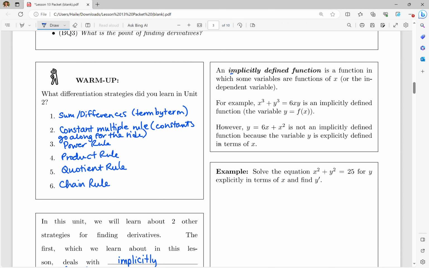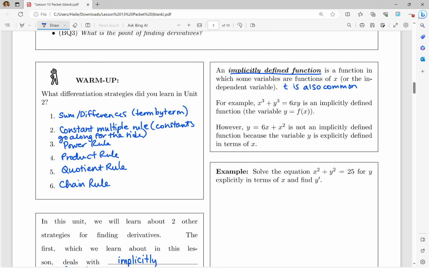An implicitly defined function is a function in which some variables are functions of x, or the independent variable. Maybe your independent variable is t, which is also common. And your dependent variable doesn't have to be y. Later we'll see word problems in which we give different names to our variables besides x and y.